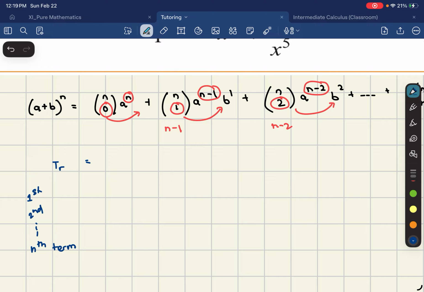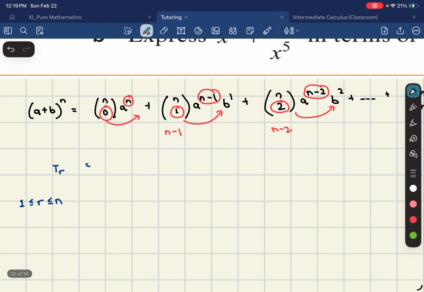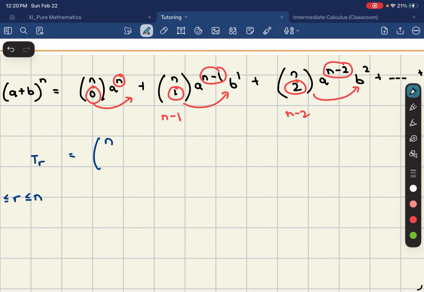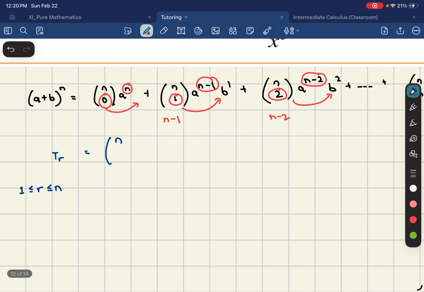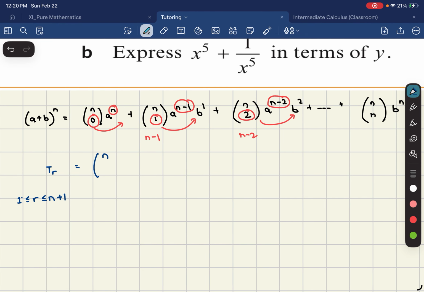So r is just some value. It can be from 1 to n. Then, well, it looks like the binomial coefficient never changes, right? It never changes. And it has to go up until n plus 1. No, r starts from 1 and it goes up until n plus 1.